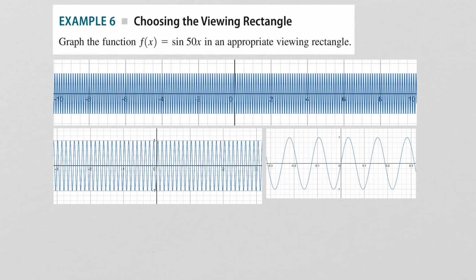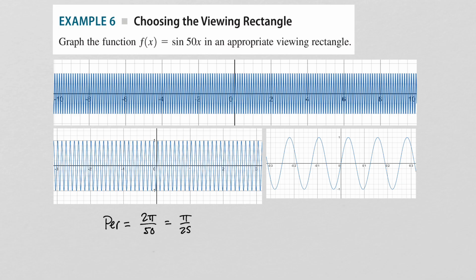Next, I just want to show you an example of graphing on a graphing calculator. This is the graph of y equals sine of 50 times x. Now, let's just note very quickly here that the period of sine of 50x is 2 pi divided by 50, which is equal to pi divided by 25, which is a pretty small number.